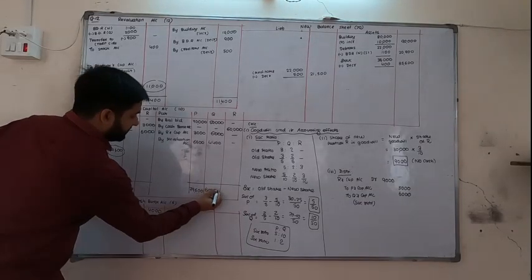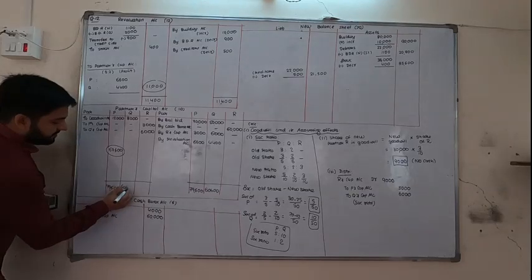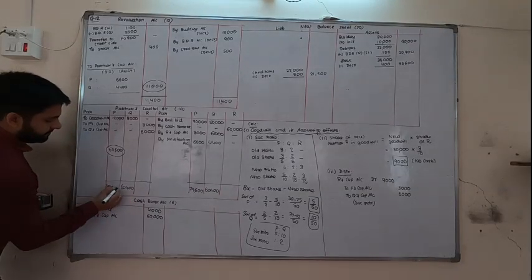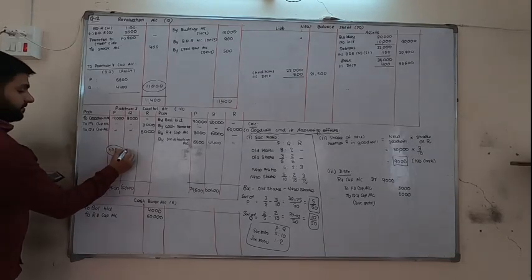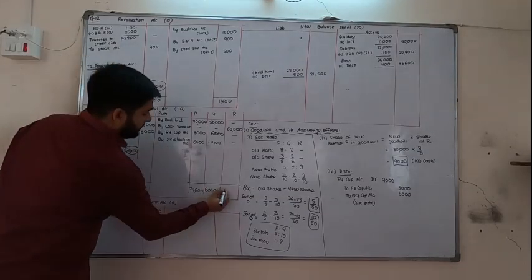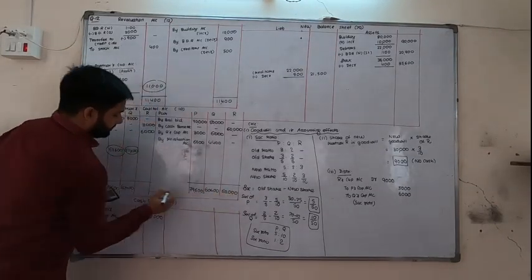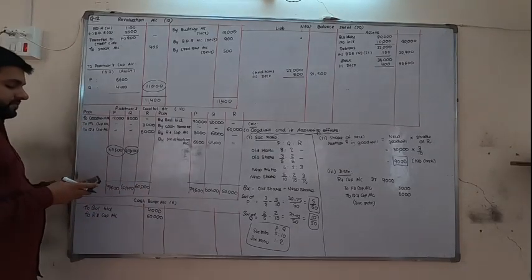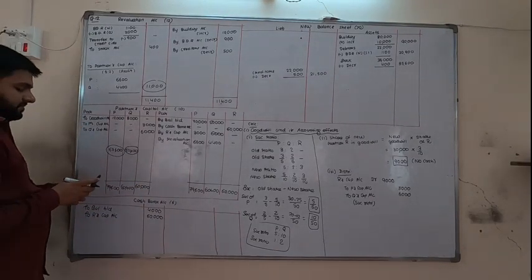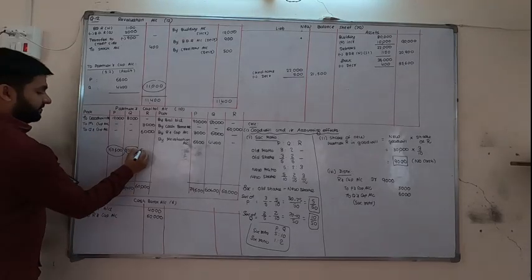So 60,400. 60,400 minus 8,000, 52,400. And 60,000 minus 3,000 minus 6,000 is 51,000.